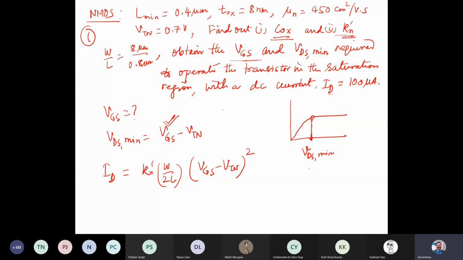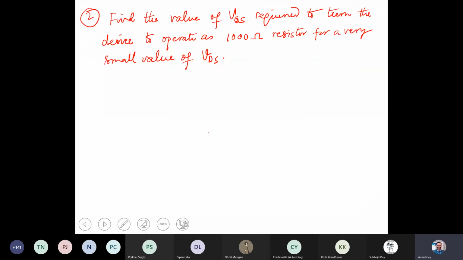So that's problem number 1, you got the three different parts. And for problem 2, find out the value of VGS required to turn the device to operate as a 1 kilo ohm resistor for a very small value of VDS.